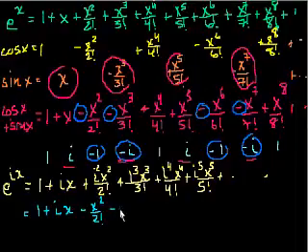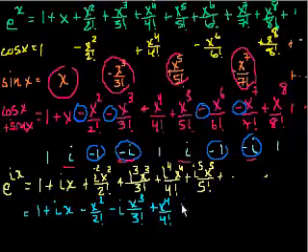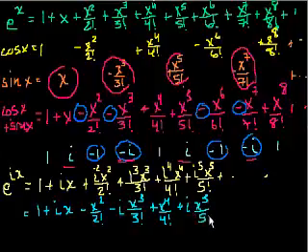So it's minus i x to the third over 3 factorial, plus i to the fourth. So what's i to the fourth? That's just 1 again. So we get plus x to the fourth over 4 factorial. And then we have, what's i to the fifth? Plus i times x to the fifth over 5 factorial, right? And it just keeps going.